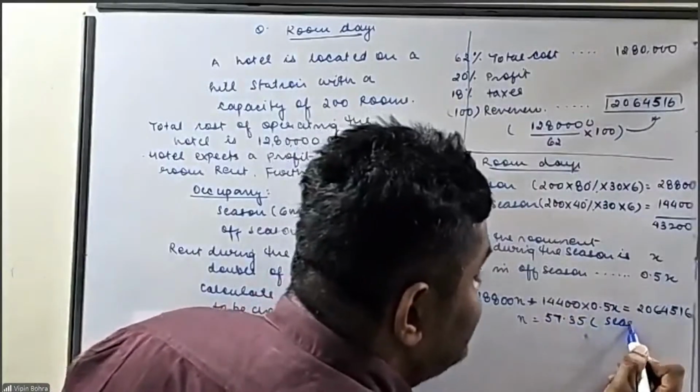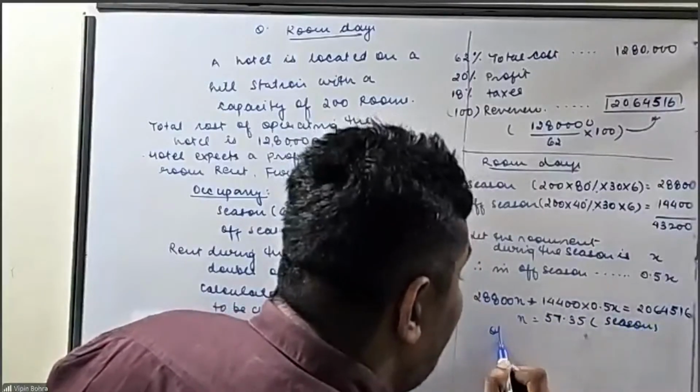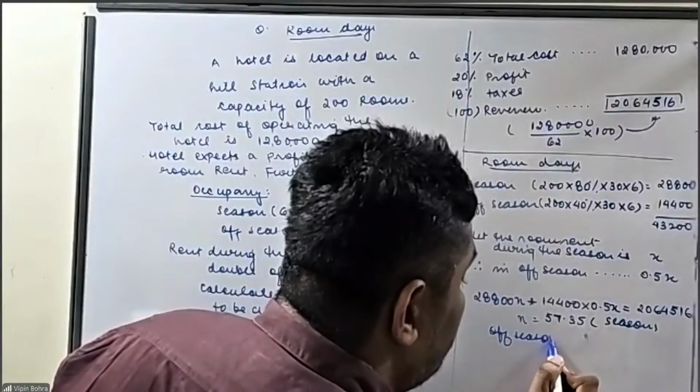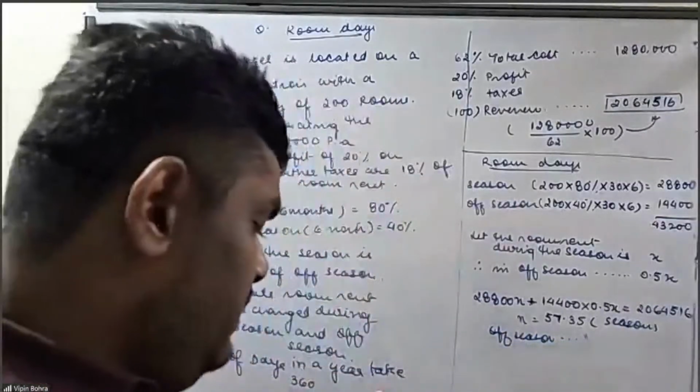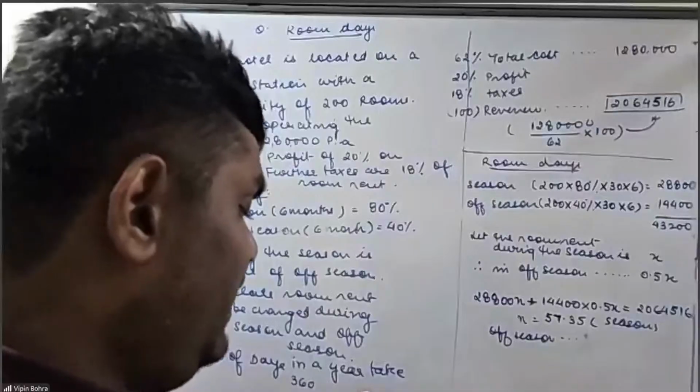That is during the season. And in off season, it will be half of this rent. So this will be 28.67.